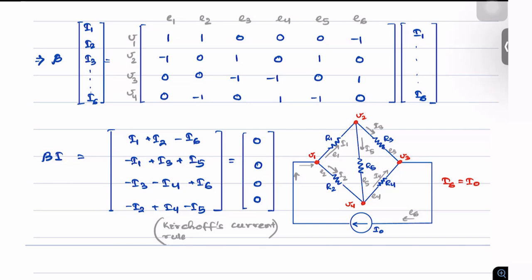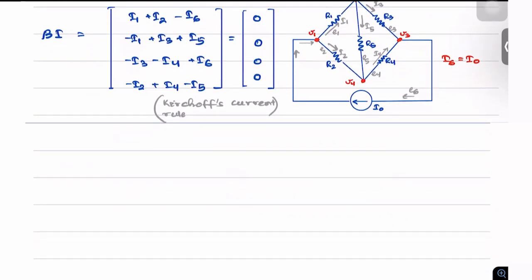So when we substitute it, we get an equation where the variables are I1 up to I5, and we can further rearrange this in this manner, B times I. If we are willing to reduce its dimension slightly such that we include only 5 of the edges, in that case, we will have 5 currents.